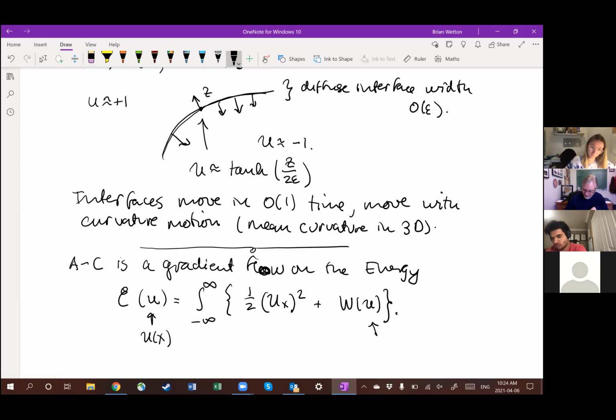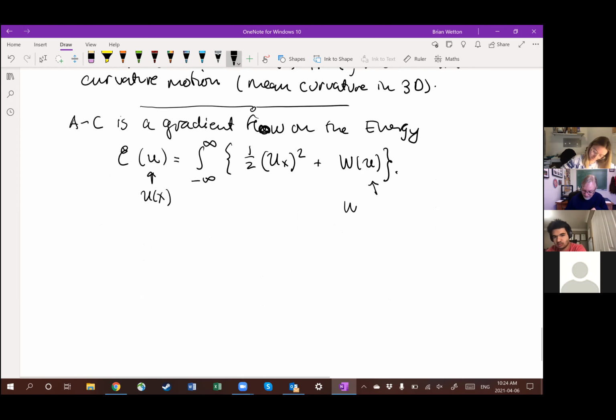Right, okay, and this W of u is 1/4 (u minus 1) squared times (u plus 1) squared. And if you work out the details, we'll need this later. If you take its derivative, you get the f of u, the u cubed minus u term, okay?